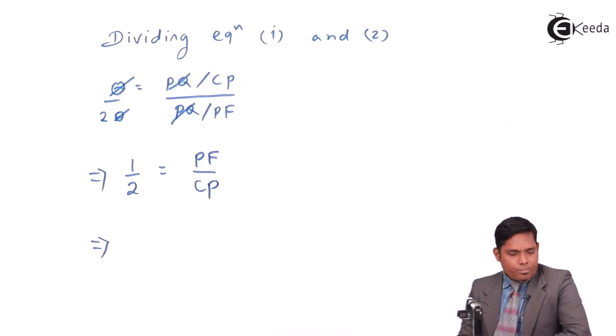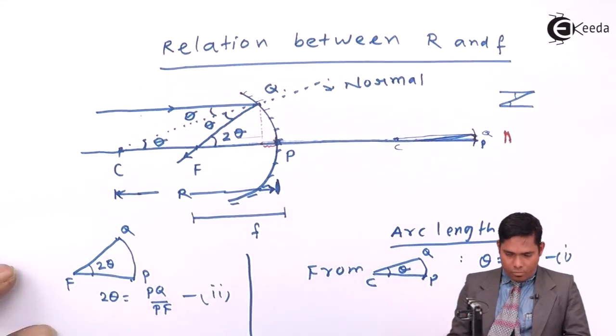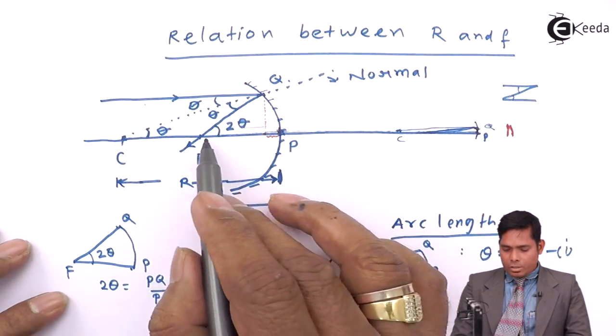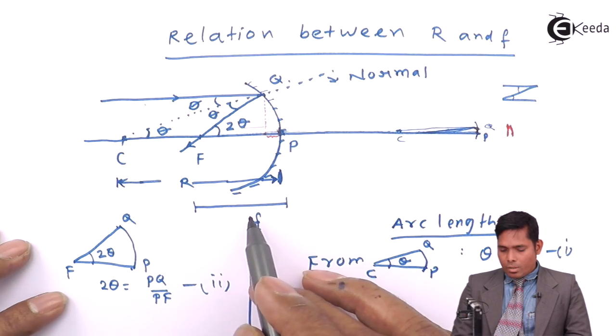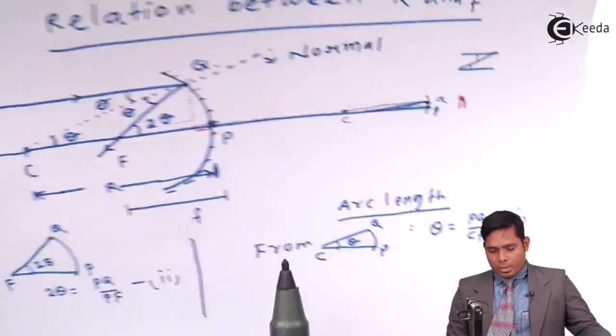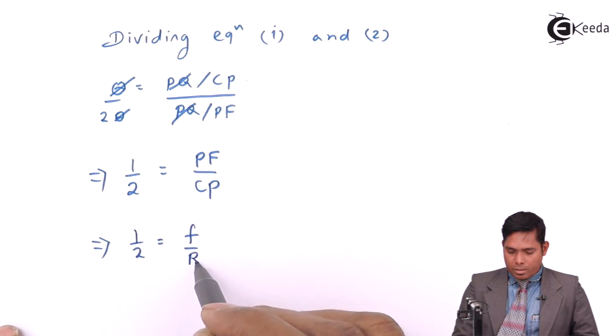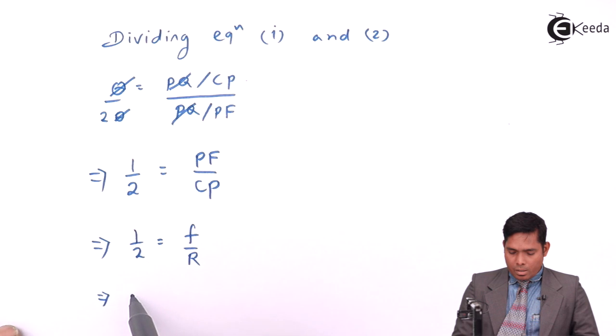This implies what? What is PF? Look at the picture. PF is this distance. This is the focal length. What is CP? CP is R. So we'll put these values over here. Half equals focal length by R. So from here, F equals R by 2.